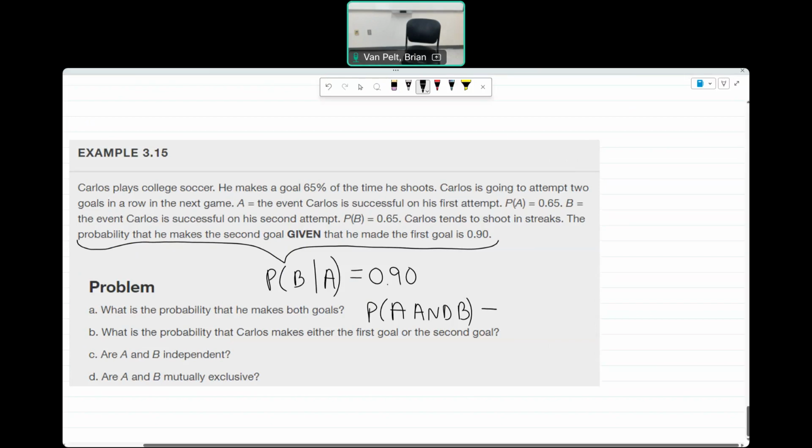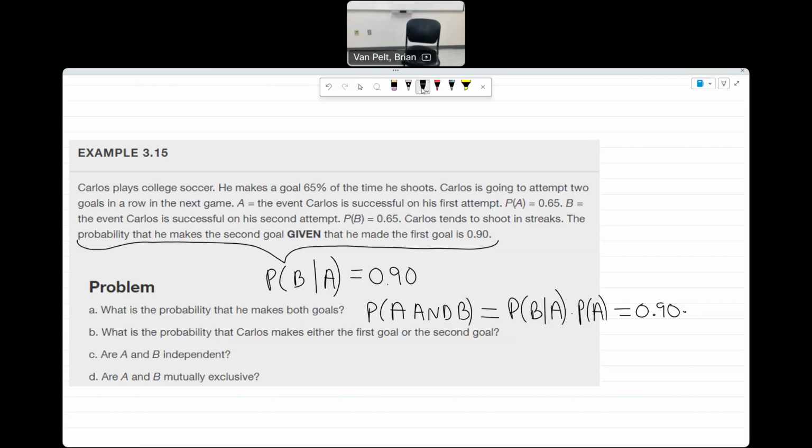So that equals the probability of B given A times the probability of A. What's the probability that they make the first throw? 0.65.